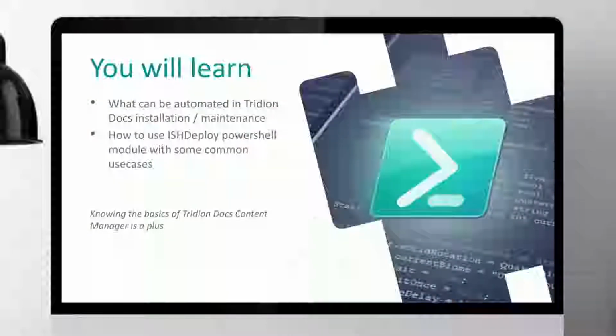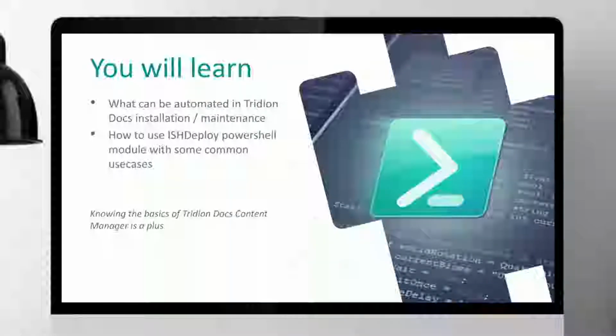Firstly, today you will learn what can be automated in Tridion Docs: its installation, its maintenance, sometimes configuration, and how to use the ISHDeploy PowerShell module for some of the most used use cases.